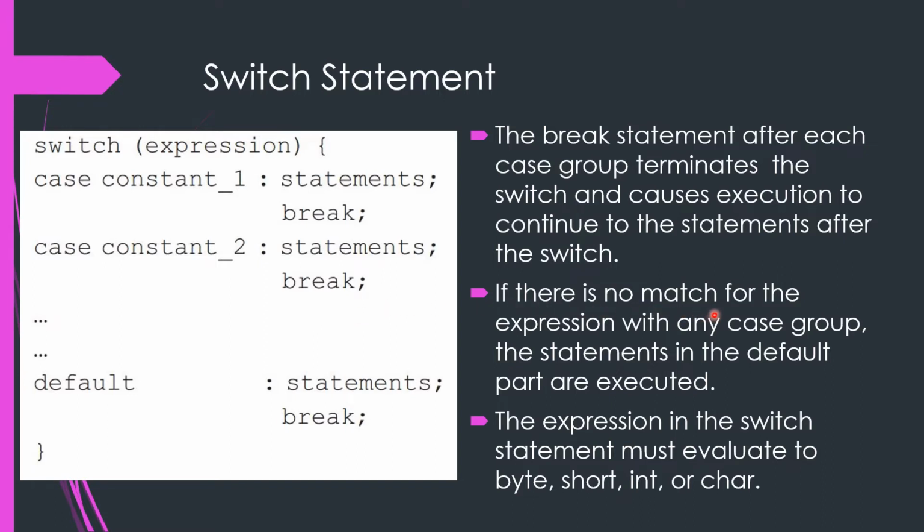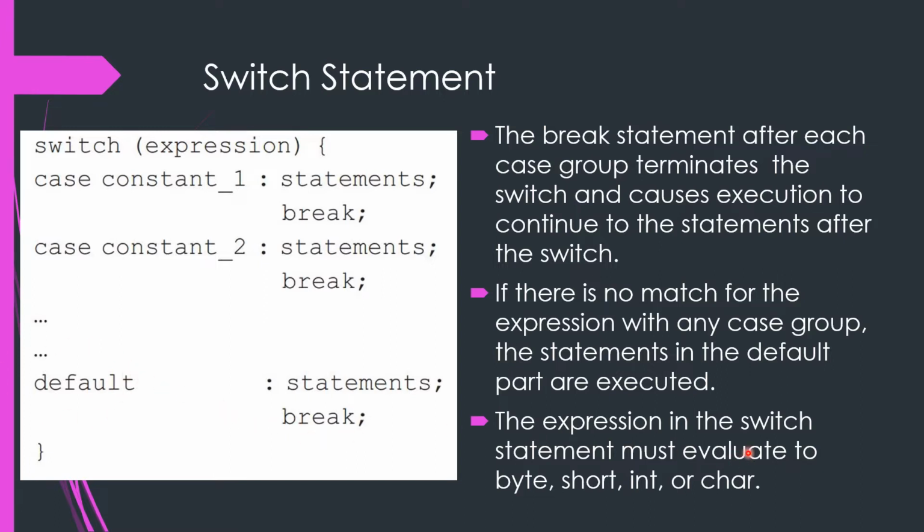If there is no match for the expression with any case group, the statements in the default part are executed. Means it may be possible that whichever values we provided in these cases, none of the values match with this expression. So what happens in that case? In that case, the statements in the default part are executed.